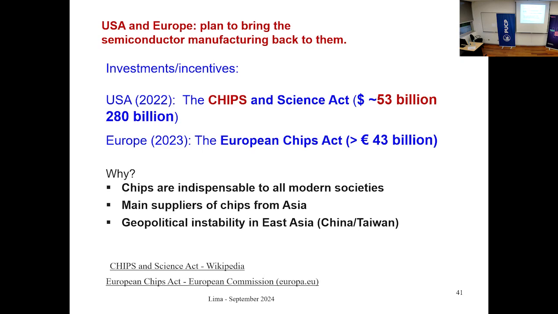So everything uses chips. The main suppliers of chips are from Asia. They want to bring the suppliers back to Europe and to the United States. And this is maybe the main reason: geopolitical instability in East Asia, especially China and Taiwan.